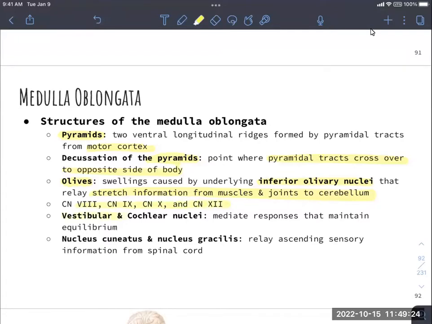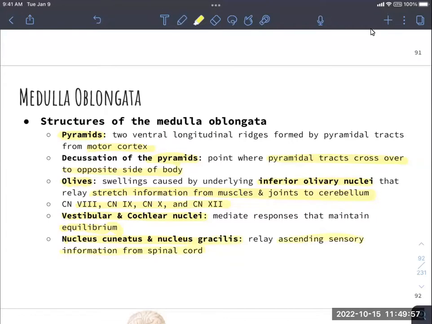We have a vestibular and cochlear nuclei. Vestibular, balance, equilibrium. Nucleus cuneatus and nucleus gracilis. That is where sensory information coming from your body into your spinal cord goes up to the brain, and then it goes to that primary sensory cortex from there.